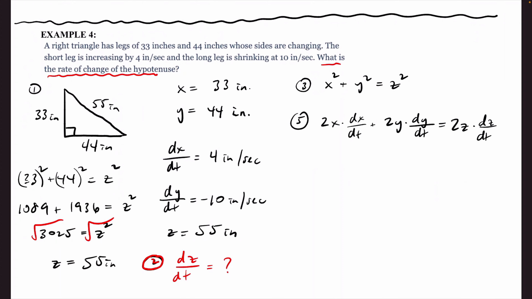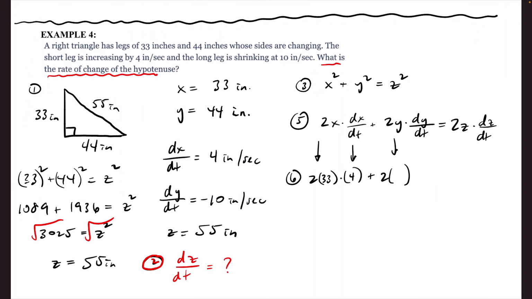Step 6, plug in what we know. 2x, x is 33, times dx over dt, 4, plus 2y.